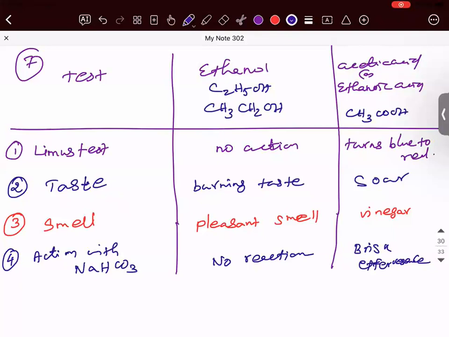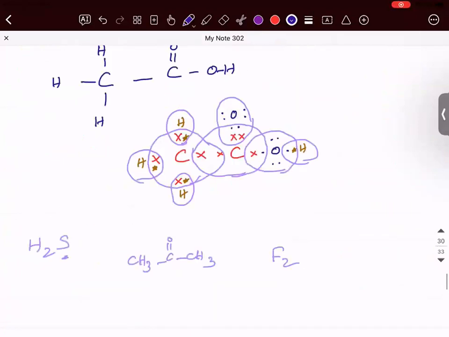Will micelle be formed in other solvents such as ethanol too? So look at here.